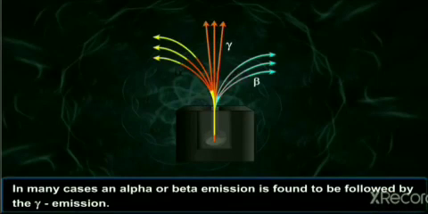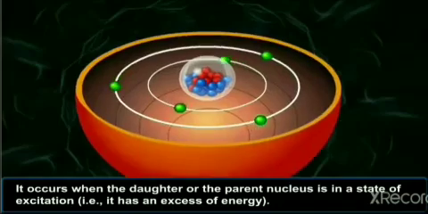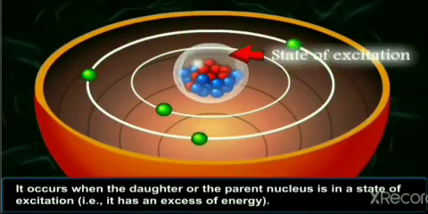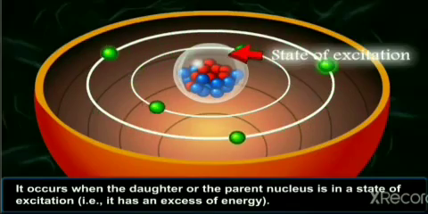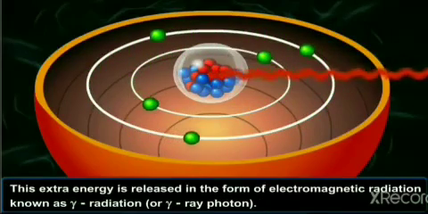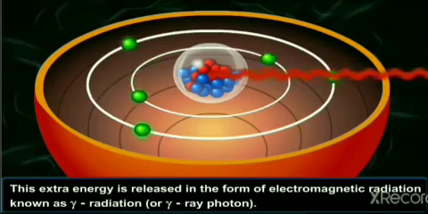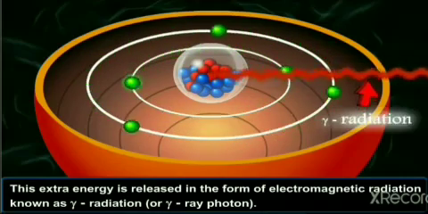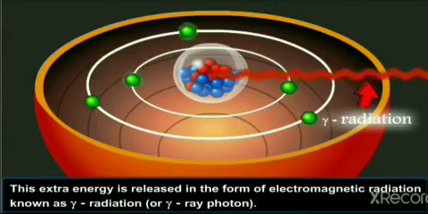Gamma emission. In many cases, an alpha or beta emission is found to be followed by gamma emission. It occurs when the daughter or the parent nucleus is in a state of excitation, that is, it has an excess of energy. This extra energy is released in the form of electromagnetic radiation, known as gamma radiation or gamma ray photon.